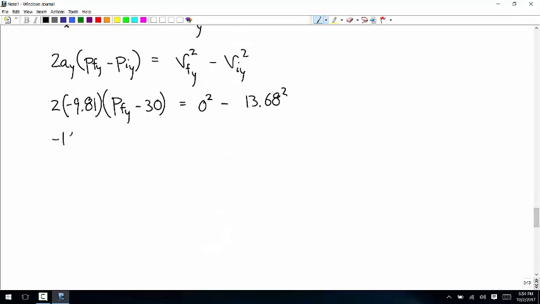So you get negative 19.62 PFY is equal to, what's 13.68 squared? 187.14, and that's negative.